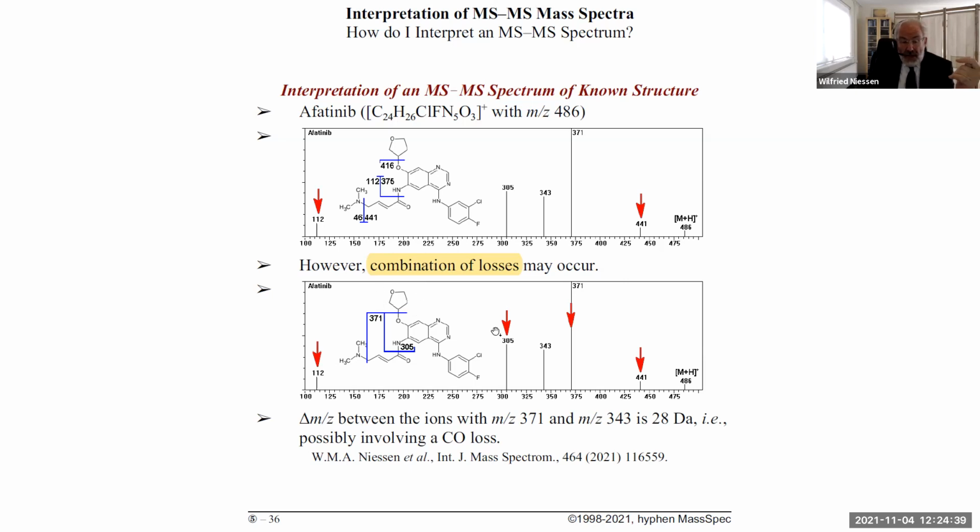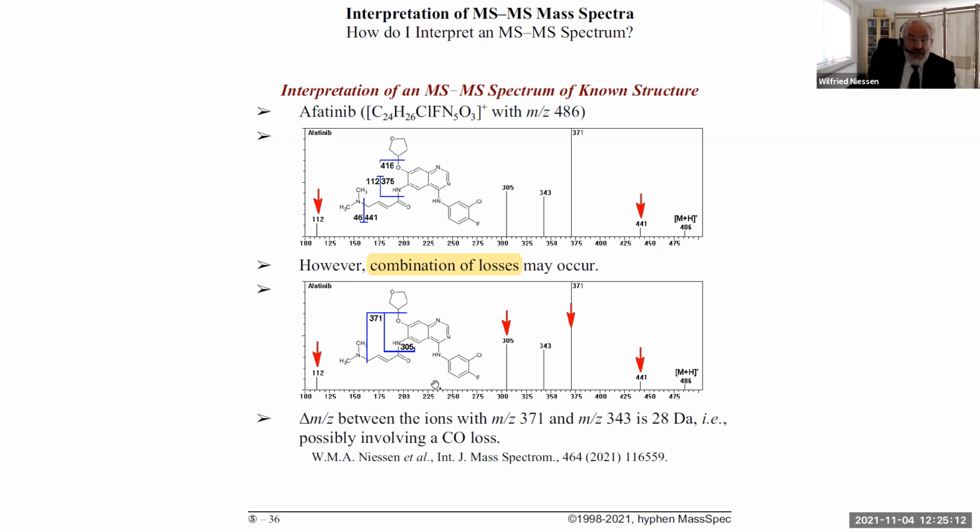And if I do so, I explain 2 more peaks in the MSMS spectrum. And then I have the 343, which most likely is a CO loss from the 371, which can easily be demonstrated by showing that the loss of the methylamine actually results in ring formation here, from which we can readily see the CO loss.